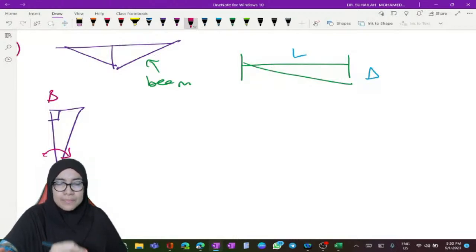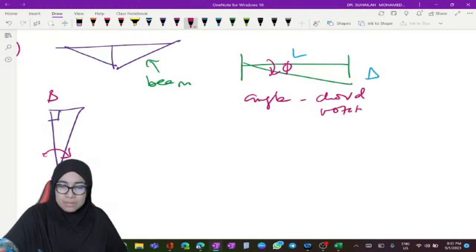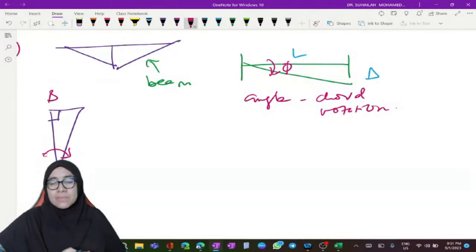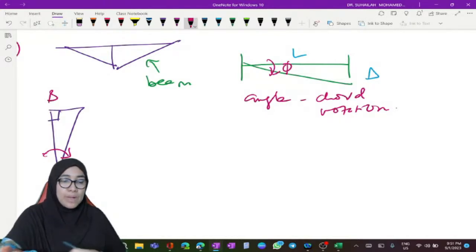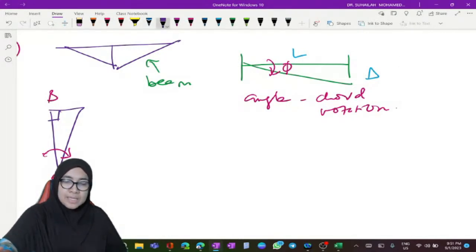This formula is given in the appendix, where the fixed end moment for this beam due to delta will be like this.